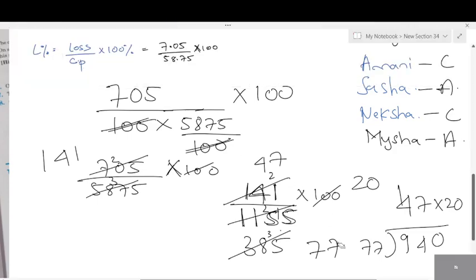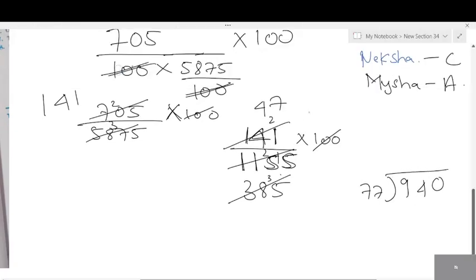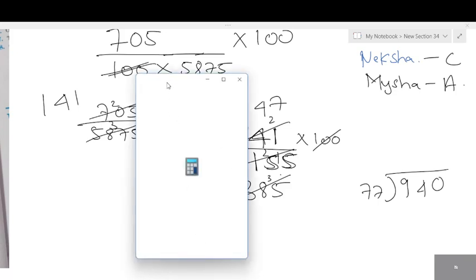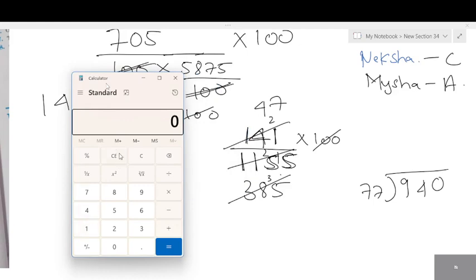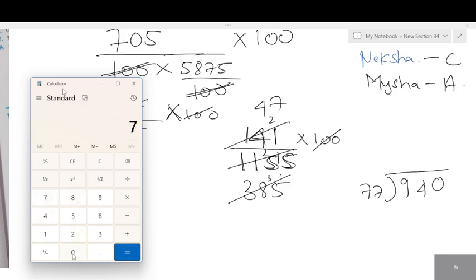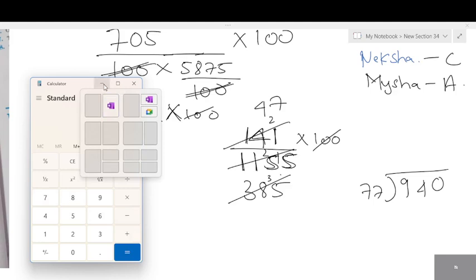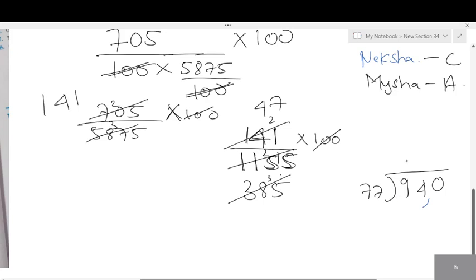Divide 940 by 77. 77 ones are 77, right? Borrow from this.